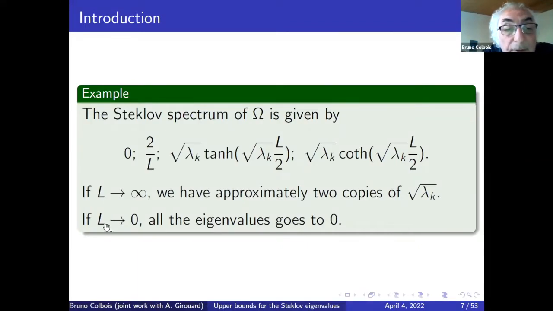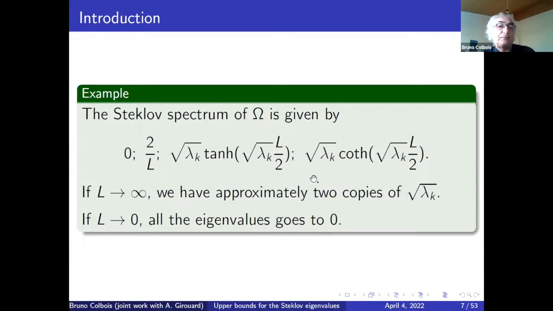But when you look at L going to 0, then all these numbers go to 0, the tangent of something going to 0 goes to 0, and the cotangent hyperbolic goes to infinity. So what you know, if you take L very small, it is at the beginning of the spectrum that this is exactly this number, and moreover, they are almost 0.